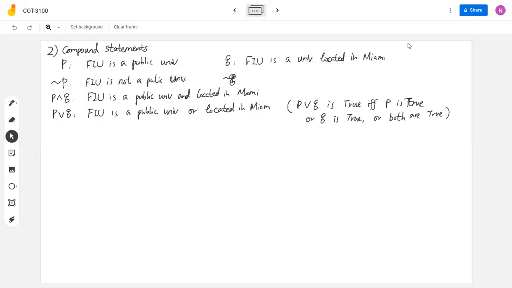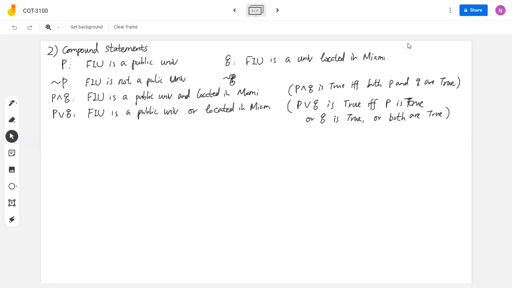And of course, P and Q is true if and only if both P and Q are true.